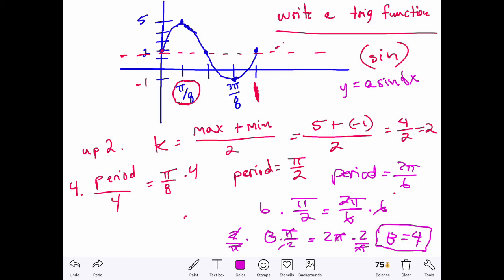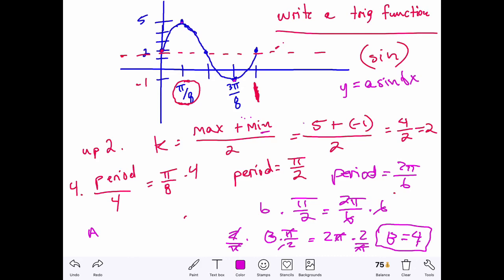Let's go ahead and solve for our amplitude as well. Well, how much does it rise from the midline or go down from the midline up to a maximum or down to a minimum here, at max at 5, minimum at -1? Well, if our midline is 2, then it's going to go up 3 to 5, and it's going to go down 3 to -1.